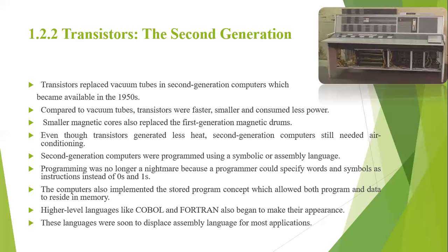These languages were soon to displace assembly language for most applications. Since languages like COBOL and Fortran started appearing during the second generation, they started replacing both machine language and assembly language.